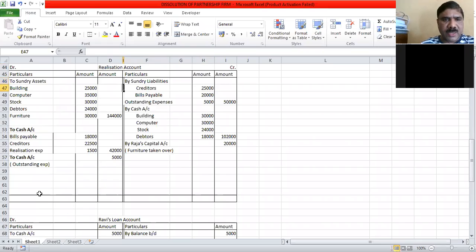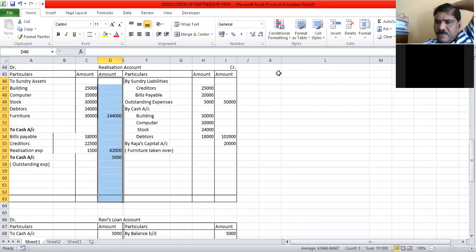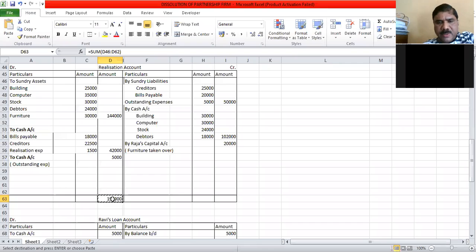Now find out the profit or loss on realization, the same way we find it in the revaluation account. Find out the profit or loss. Find out both the side totals. This is 1,91,000.